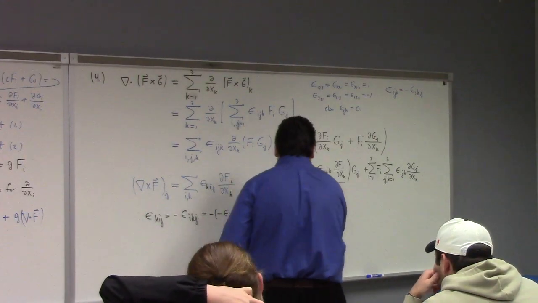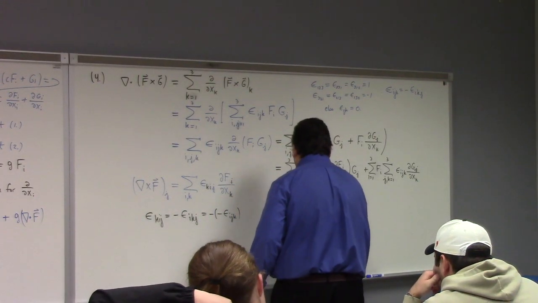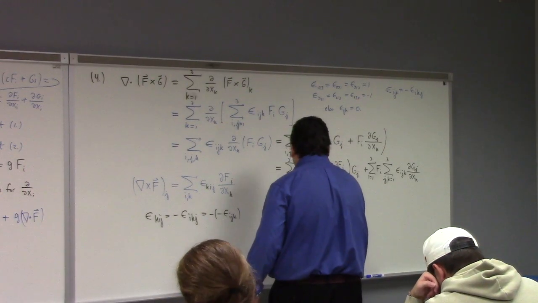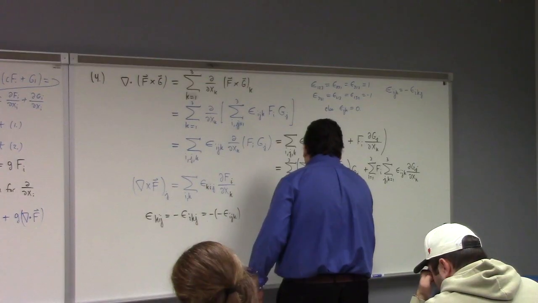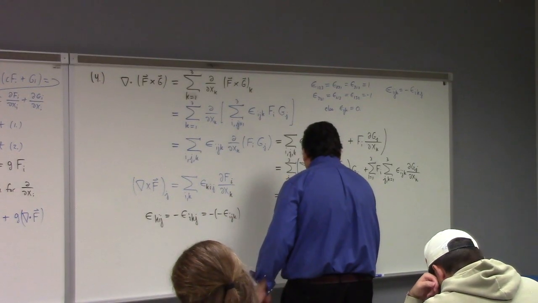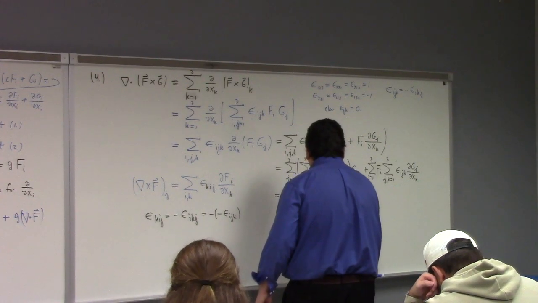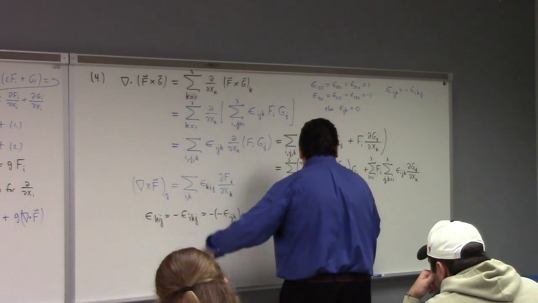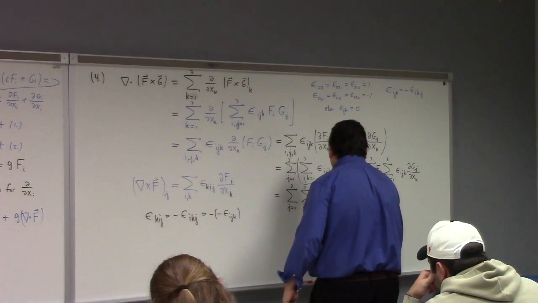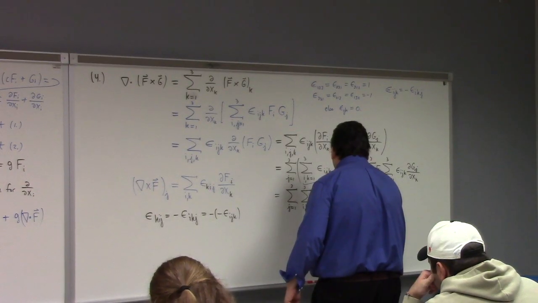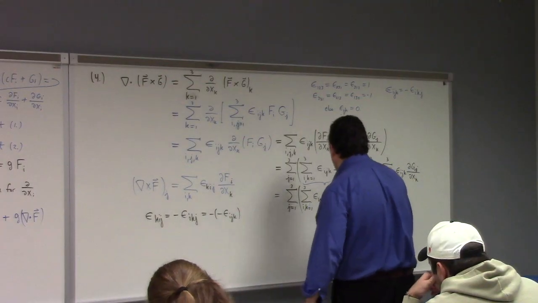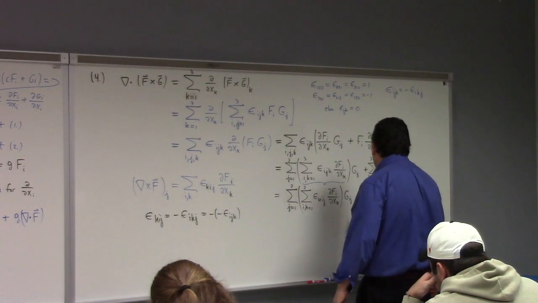So actually there is no negative, because it takes two swaps for us to get there. The sum over i and k equals 1 to 3 of epsilon kij is what I wanted, times partial f sub i, partial x sub k. All of that times g sub j.